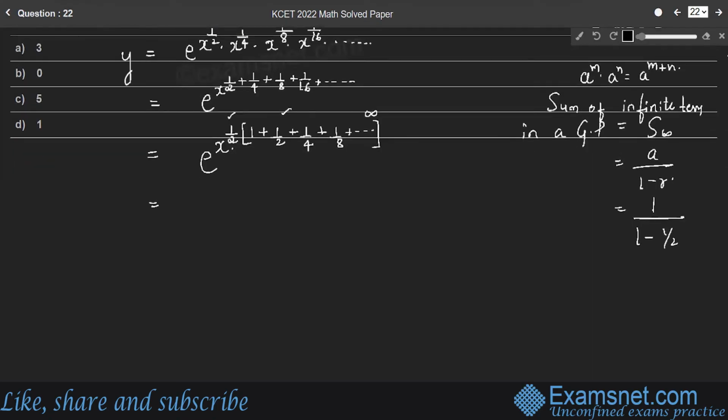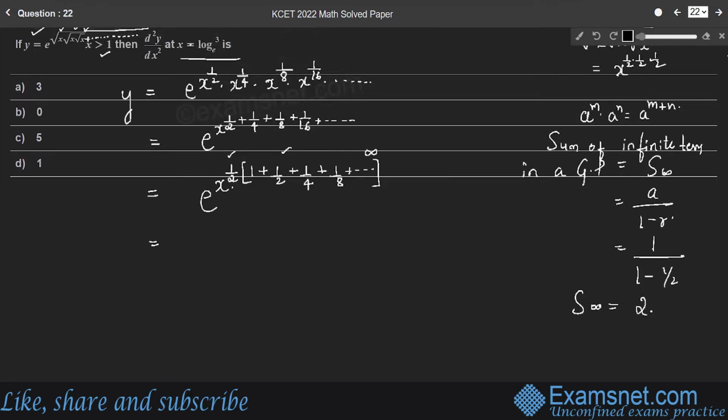So 1 minus 1 by 2 is half, and 1 by half is 2. So the sum of infinite terms, S infinity, is 2 here. Therefore, the given term becomes e raised to x raised to 1 by 2 into the sum of the geometric progression, which is 2. So 1 by 2 into 2 is 1. Therefore, e raised to x raised to 1, which is nothing but e raised to x. Therefore, the value of y is e raised to x.